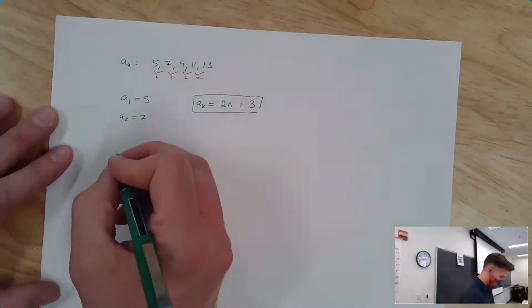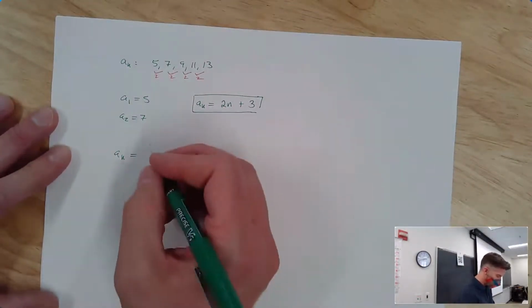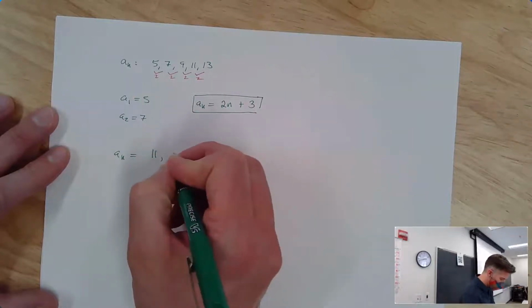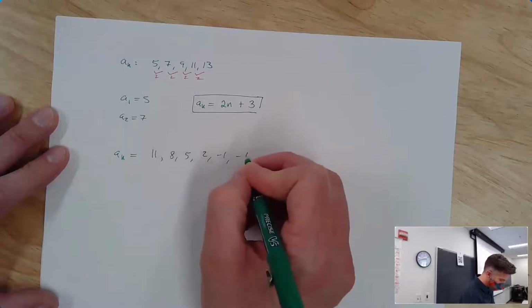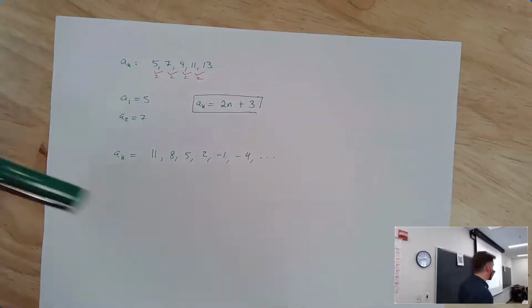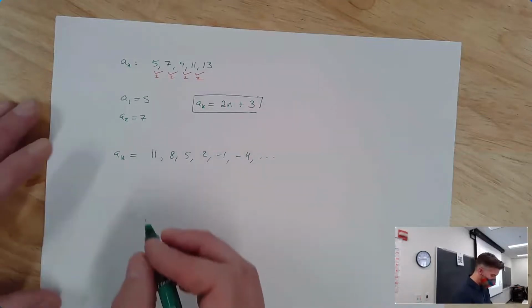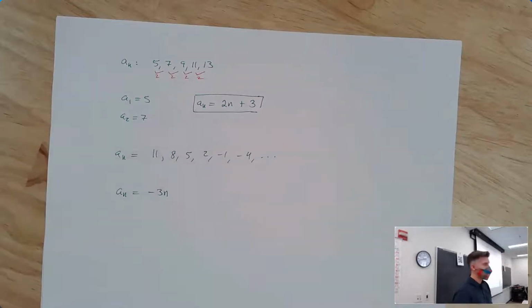So if I had something like, let's make it interesting, a sub n equal to 11, 8, 5, 2, -1, -4, etc. I'm decreasing by 3 each time. So I know I want to have a -3n for sure.